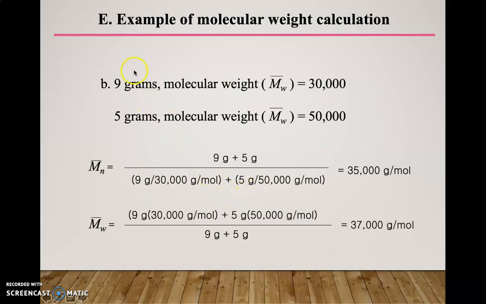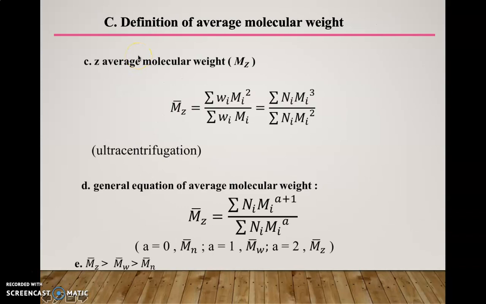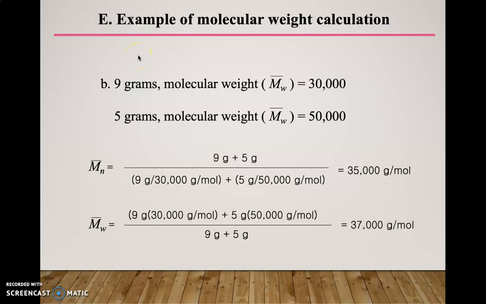Suppose we have the weight values given here. So we have W1 with molecular weight of 30,000, and W2, that is the weight of the polymer with molecular weight 50,000, is 5 gram.